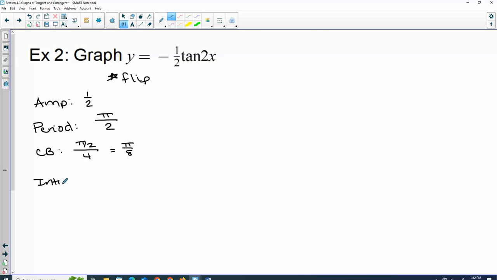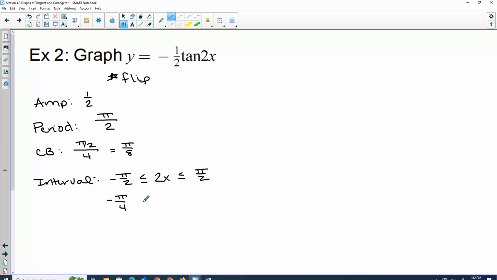And then for tangent and cotangent, I usually always do my interval. What interval do we start with for tangent? Negative pi over 2 to positive pi over 2, with the argument in the middle. So if you're trying to solve for x, you would divide by 2.